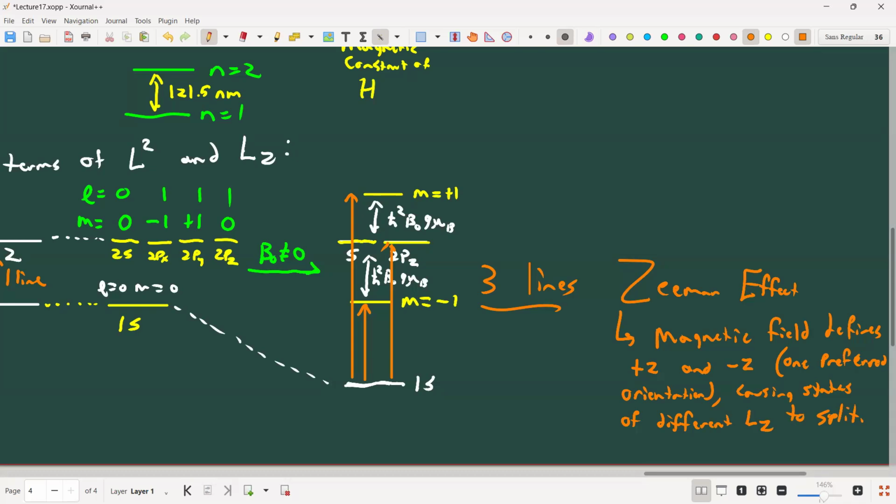The magnetic field has some oscillation like this, pointing in positive direction. There's one orientation of the electron that prefers to be aligned with the magnetic field, and there's one that is anti-aligned with the field, and they have different energies. In some sense, it's like taking a positive and a minus pole and putting another magnet next to it, and having the positives aligned and the negatives aligned is different than having them flipped.